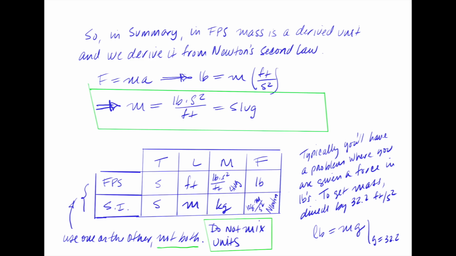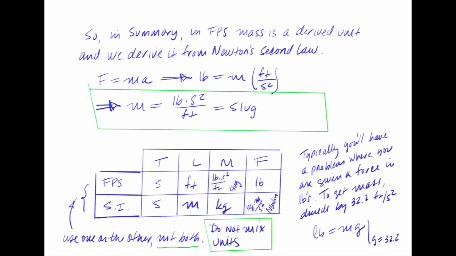So typically you'll have a problem where you're given a force in pounds. To get mass, you simply divide by the 32.2 feet per second squared, and your result is slugs. That's the mass.